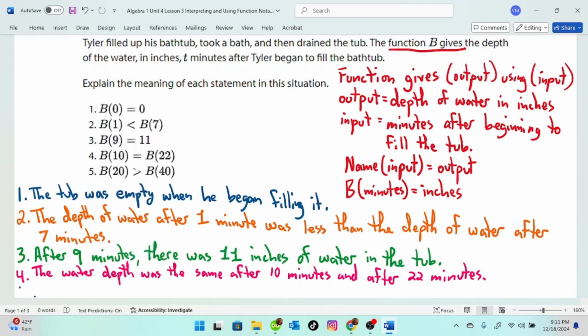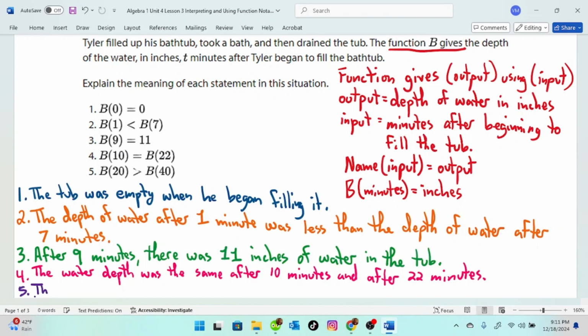And finally, number 5, we have B of 20, which means the water depth after 20 minutes is greater than B of 40, which means the water depth after 40 minutes.